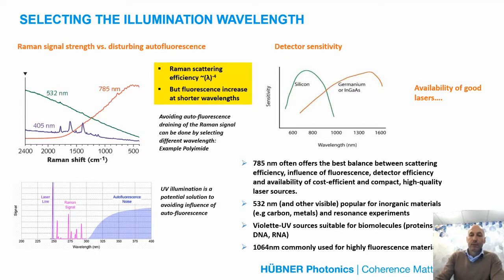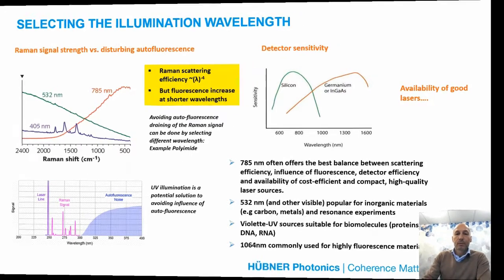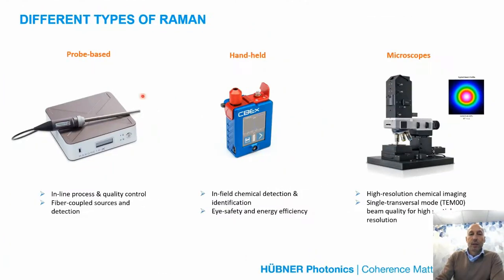But there is more. For instance, there is a range of different instrumentation technologies for Raman spectroscopy that are addressing different application fields. We tend to sort these instrumentation technologies into these three groups, and they have slightly different requirements on the laser source.